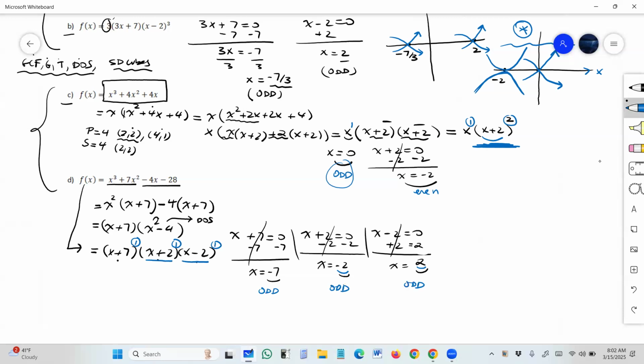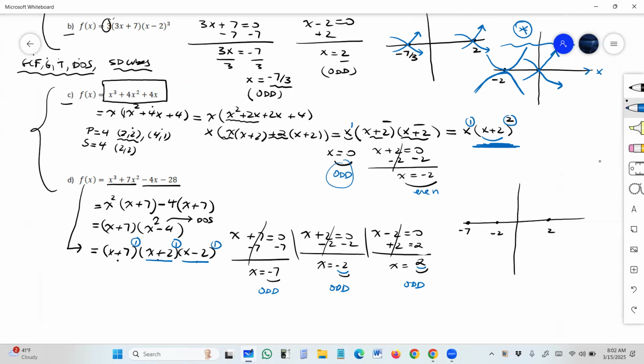Now, what does that mean? It means that when we graph this, here is my minus 7. Here's my minus 2. And here is positive 2.